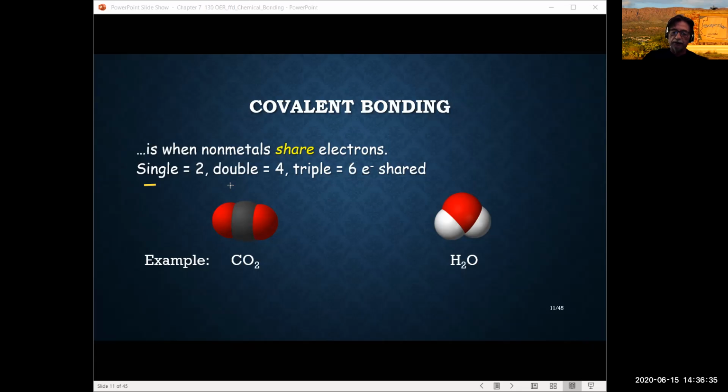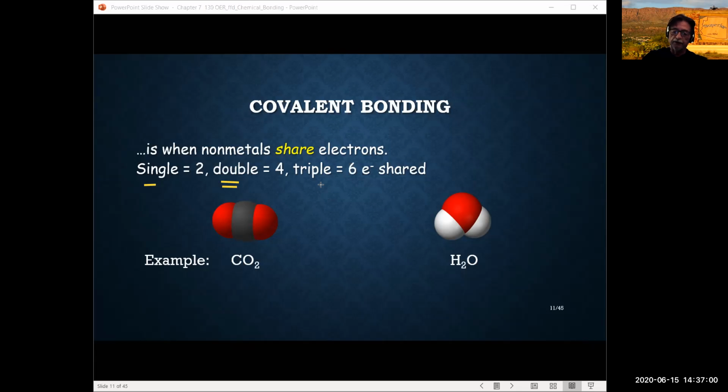Okay? A double bond would be just like an equal sign, but it's basically two single lines like that. You'll see that drawn often. Okay, each of those single lines have two electrons, so there are 4 electrons in a double bond.